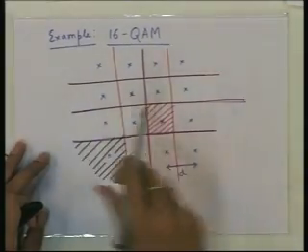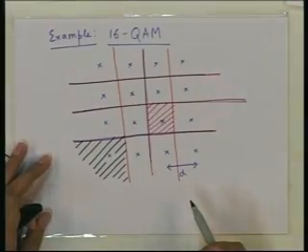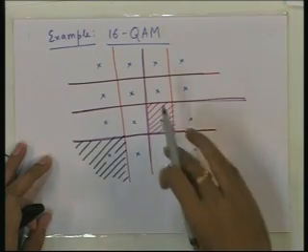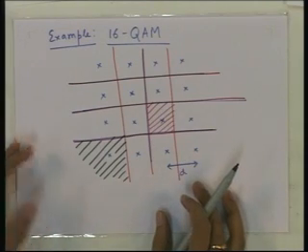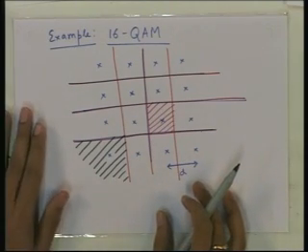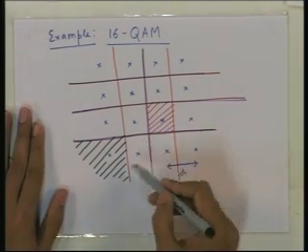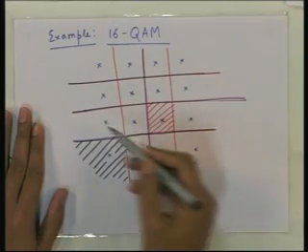The orientation of this shape does not matter for the probability of error, because it is just a rotation, and we know that rotation or translation of the decision region does not change the probability of error.